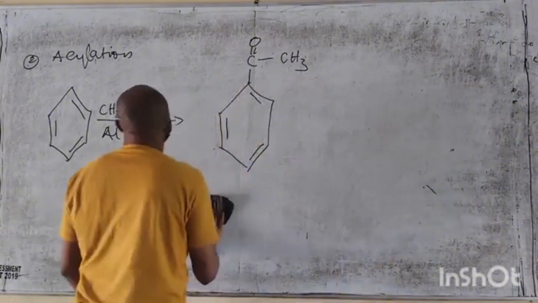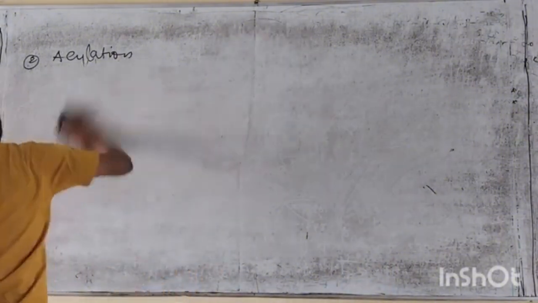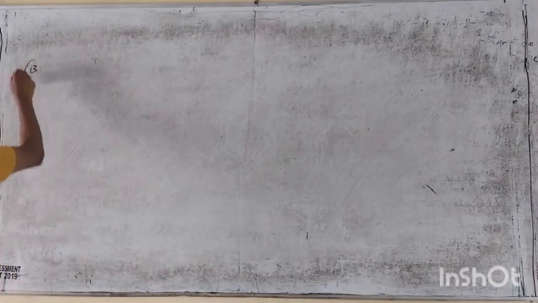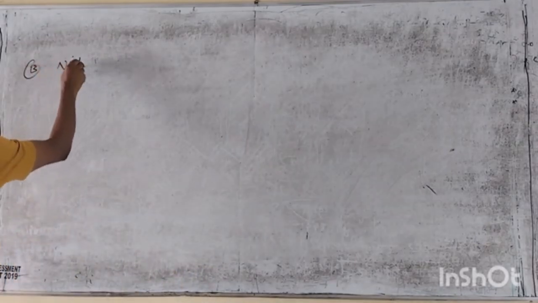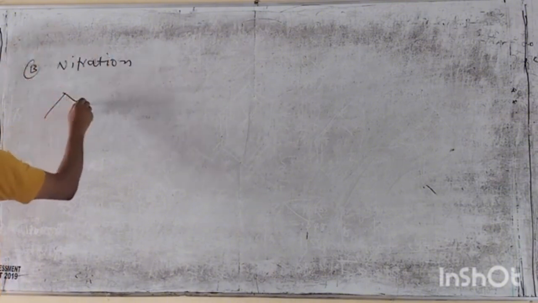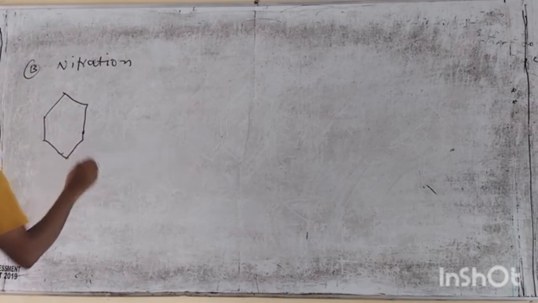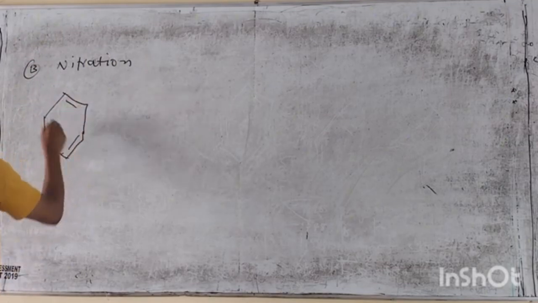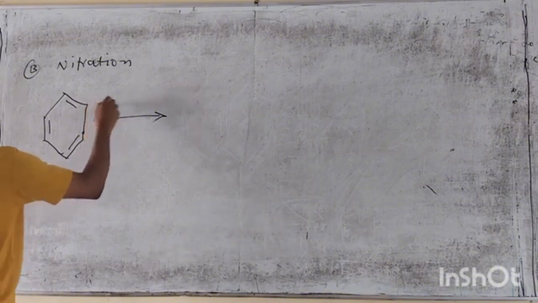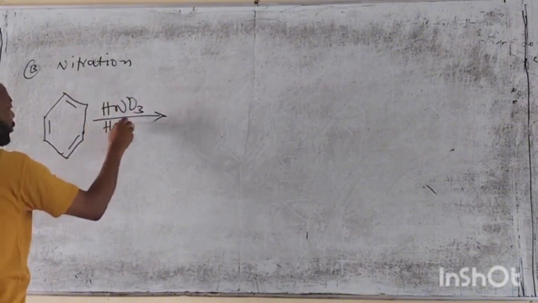Let's look at nitration. In nitration, I still have my benzene, remember, as the starting material. This gives me HNO3 and H2SO4.